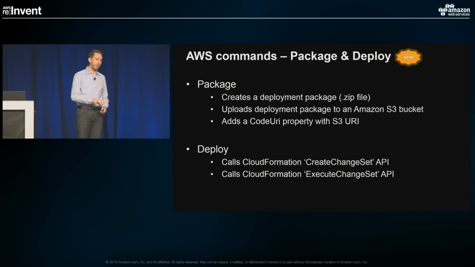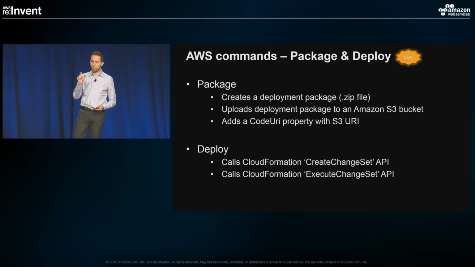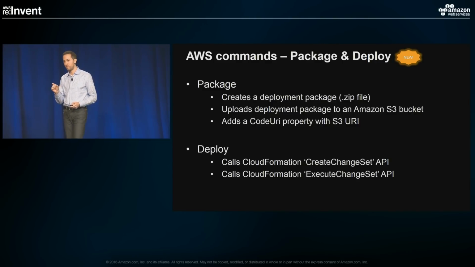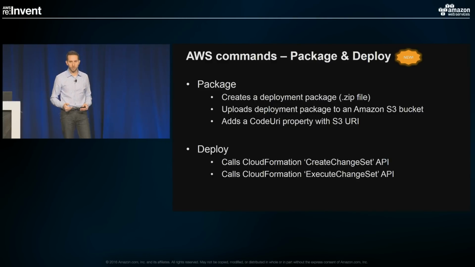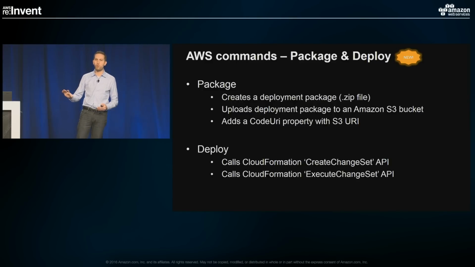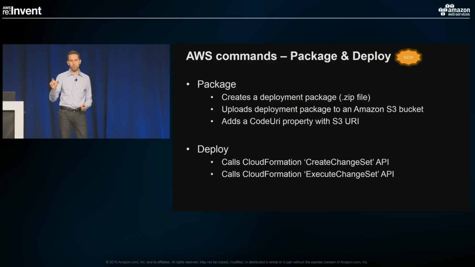Now, before we jump into the commands, let's think about what we had to do to deploy. We had to annotate that code URI property, right? So we would have to start by creating our deployment package, which essentially means zipping up our code. We'd then have to upload that deployment package to S3, and then annotate that code URI property to point to that deployment package.